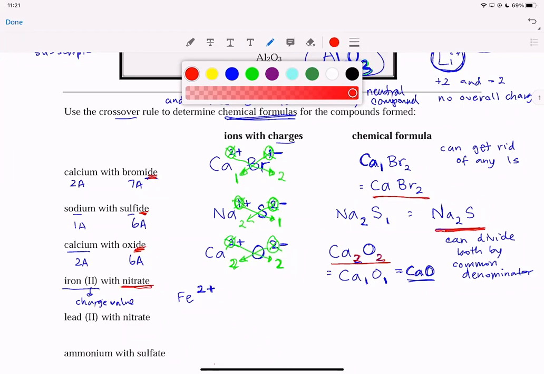Saying this a different way, a ratio of 2 to 2 is the same thing as a ratio of 1 to 1. So let's say the numbers were 3 and 3. A ratio of 3 and 3 can also go down to a ratio of 1 and 1. Or if you have a ratio of 4 and 2, that can go down to a ratio of 2 to 1. That would be an example of dividing by a common denominator.